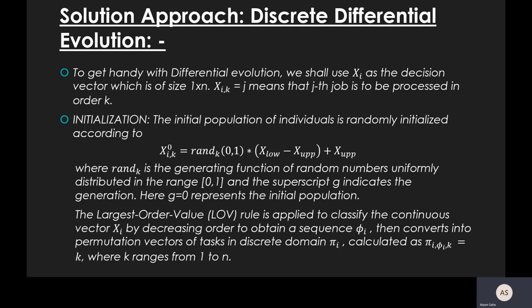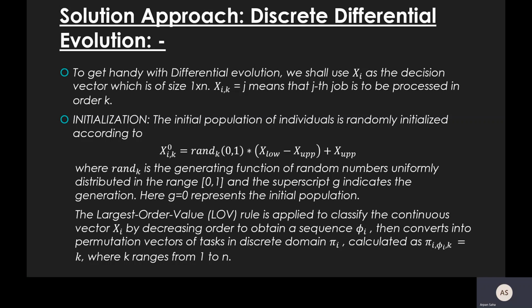But here in this particular permutation flow shop scheduling problem, we have seen that the decision variables are not continuous. Those are discrete. So what is our decision vector? Our decision is to find out the optimal order in which all the jobs should be processed.